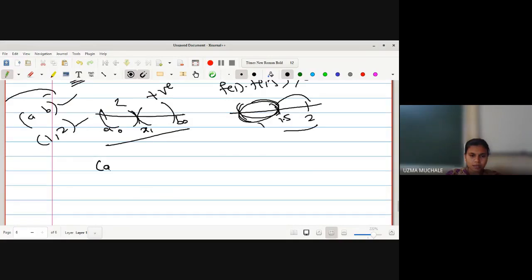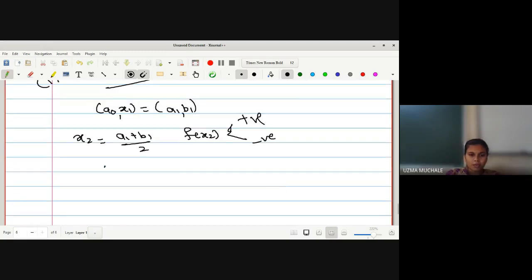Okay, now we have to rename the interval. What is the next interval? a0 to x1, we can rename as a1, b1. Again, you have to do the same procedure. x2 is equal to a1 plus b1 divided by 2. Find out f of x2. It may be positive or it may be negative.